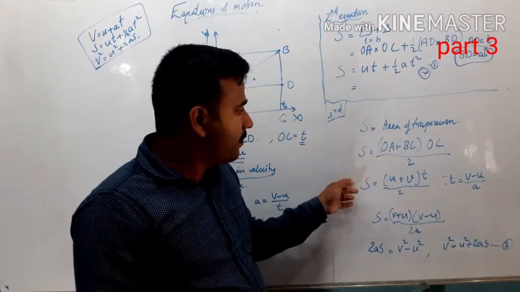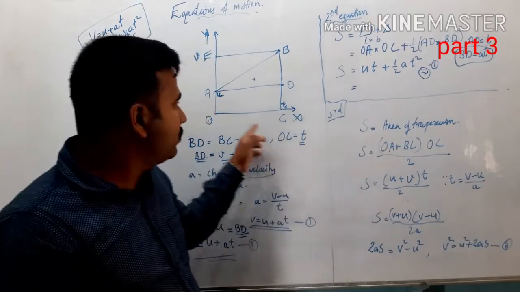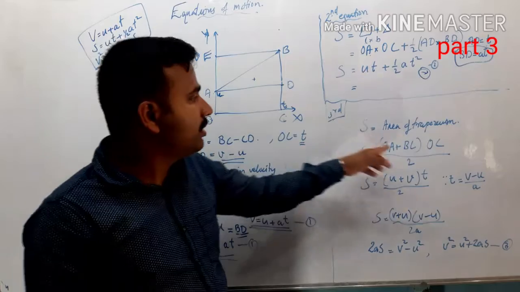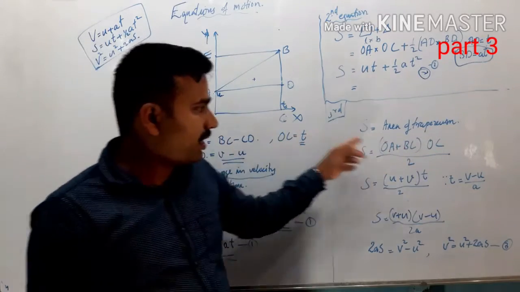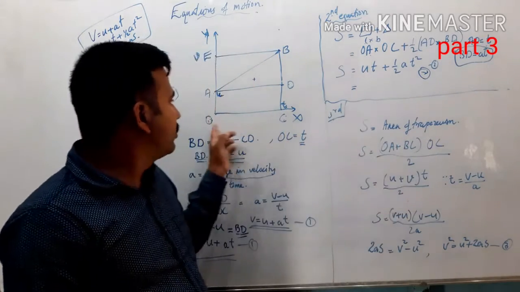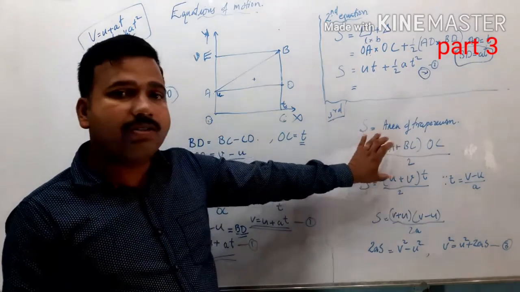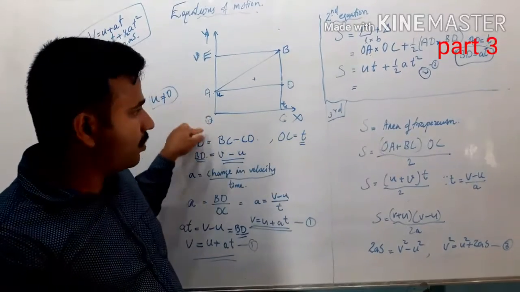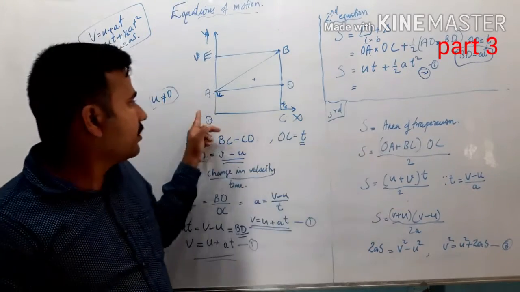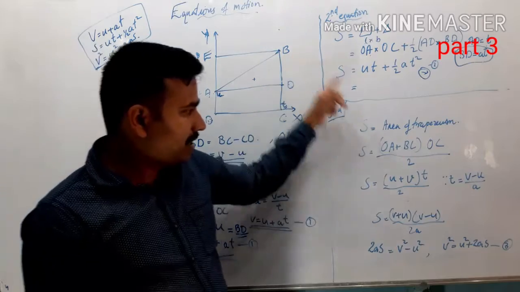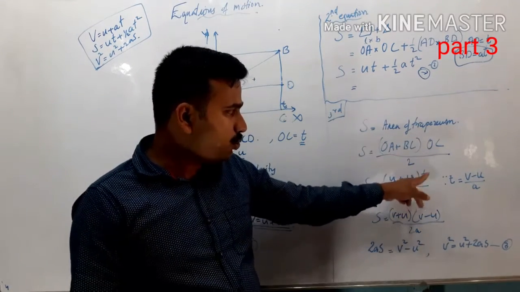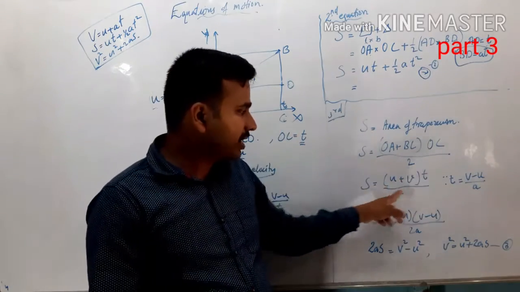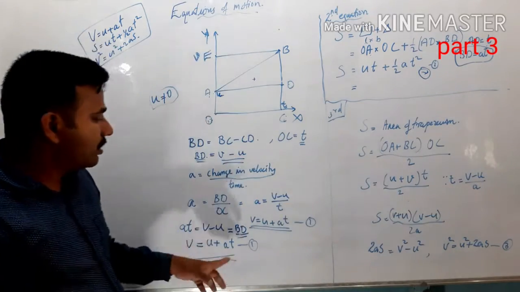So S is equal to OA plus BC into OC divided by 2. Substitute the values: OA is U, BC is V, and OC is time T, divided by 2.